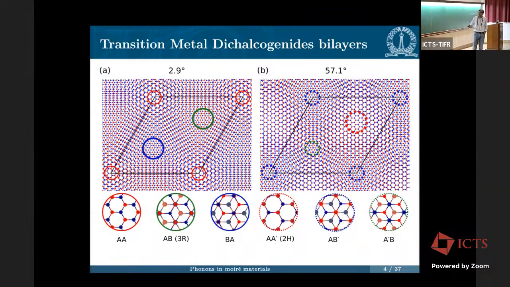And then there is the AA stacking, which is nominally unstable. On the other hand, if you go near 60 degrees, you see different kinds of stacking, which are the AB prime and the A prime B, and the 2H stacking, which is the natural bilayer of TMDCs.